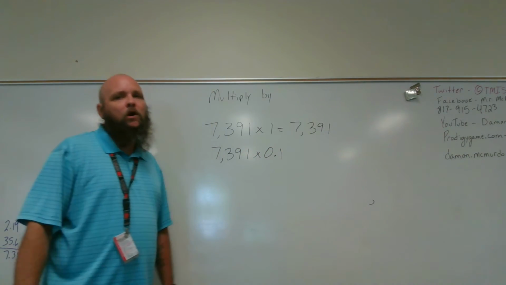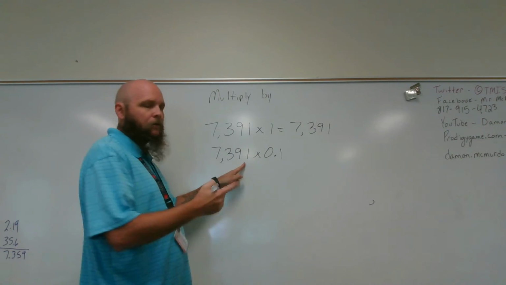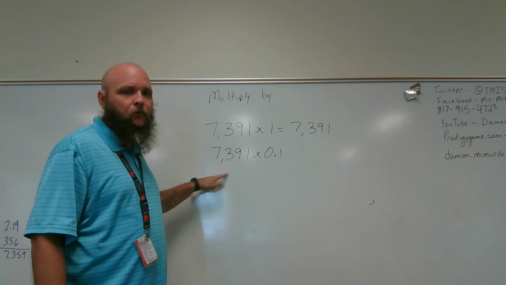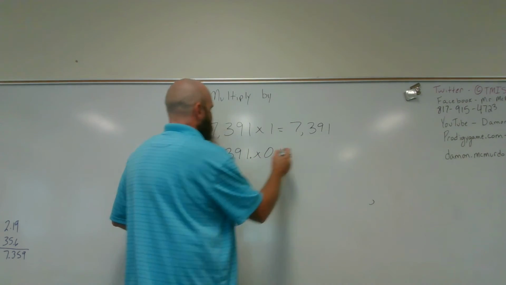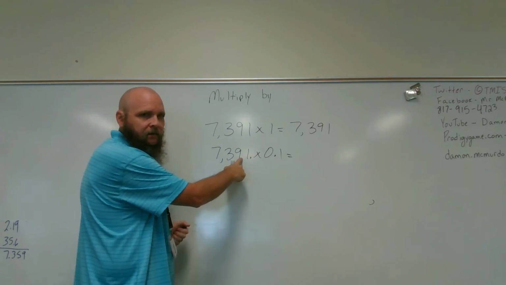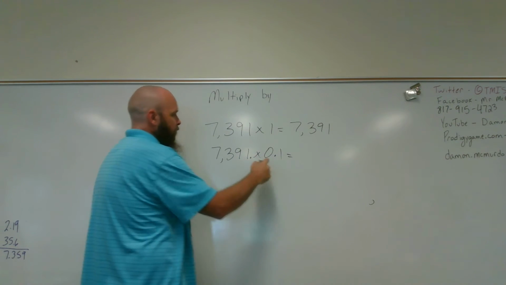If I multiply by 1/10, it's less than 1, so it gets smaller. Where's my decimal point in this number? 7,391. Good, at the end. So I have to move it one place to the left, if I'm multiplying by 1/10.